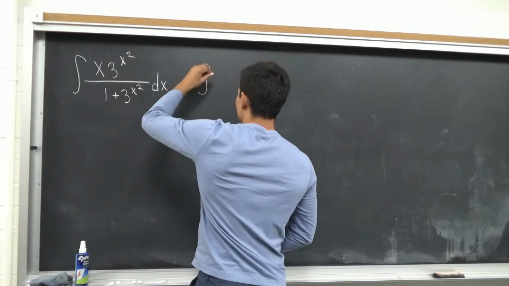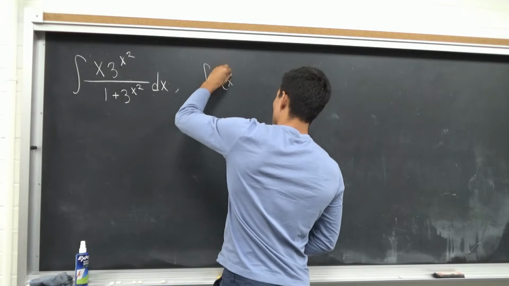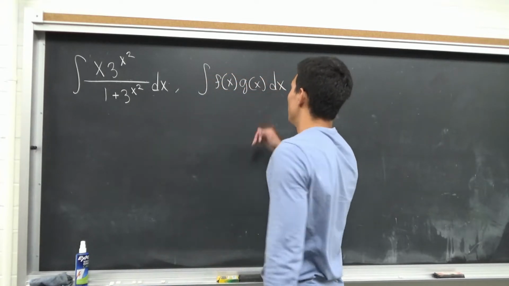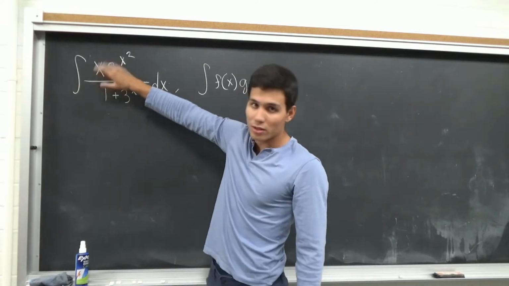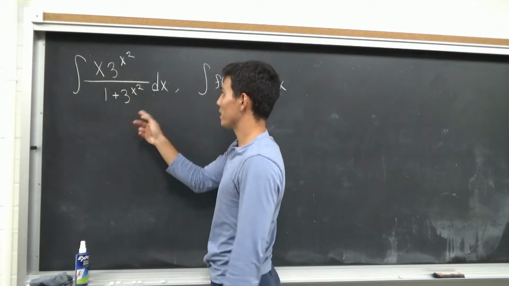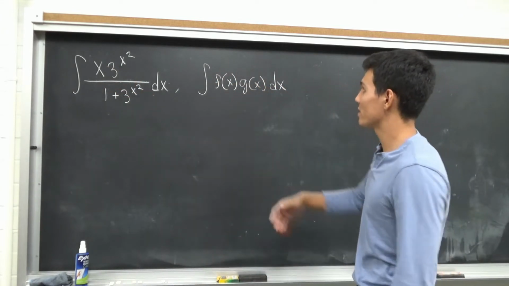I just want you to realize how the idea of substitutions works. You see that you have this composite function. You can call this whole thing one function itself, or you can call it two functions, because these are multiplied by each other. The point being is you can break things up differently.